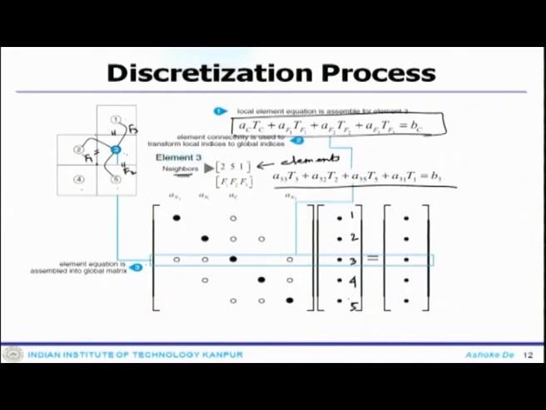So all the elements' equations are written, and any one line will represent element 3. So when you discretize the system like this and put them together, you get an overall linear system like this, in which every individual element is taken into consideration.